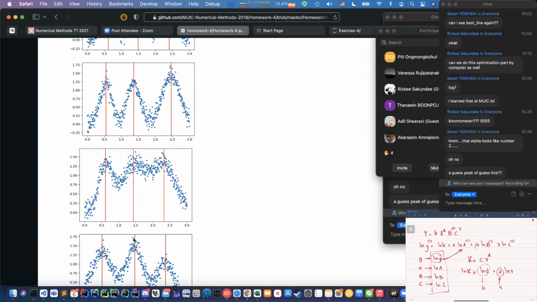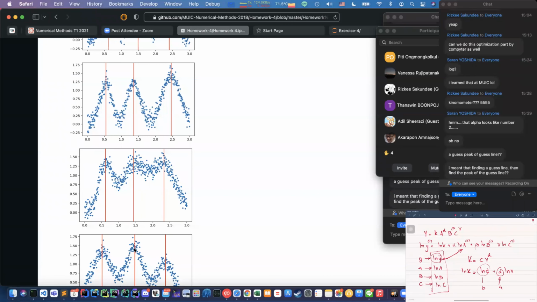You might say a peak is here, but if you look at it, the peak is around there. There are many methods to solve this. Do something sensible. That's all I ask.